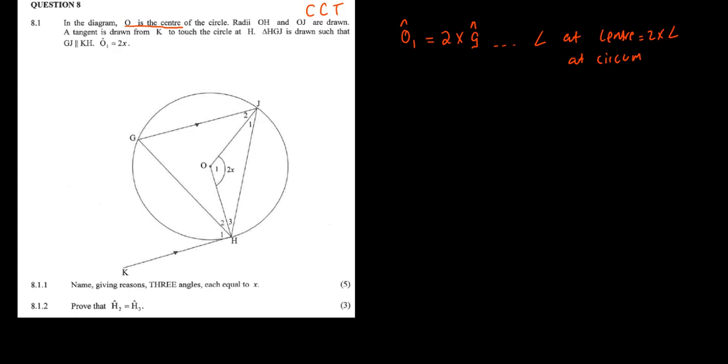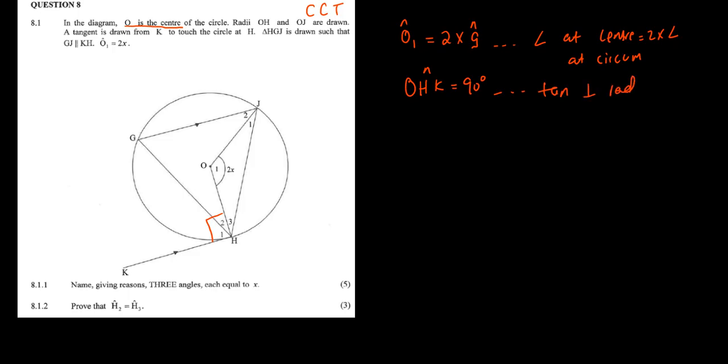Now, I'm going to start with tan perpendicular to radius. Do I have a radius and a tangent? We have it. Which one is the radius? Perfect, OH. So that means here we've got a 90 degree angle, right? So already I'm going to write it. OHK is gonna be 90 degrees because tan perpendicular to radius.